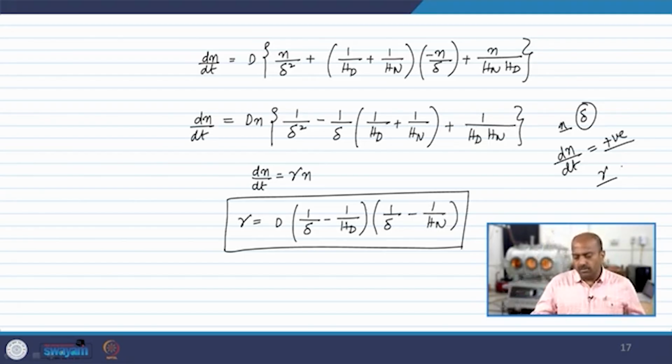What we have been able to achieve is a relation of how the concentration of a minor species changes with respect to time when it is diffusing through a major species. What additional information do you have here when you say that it is diffusing through the major species? It is encountering collisions, and the rate at which collisions are happening is embedded into this coefficient, which is the diffusion coefficient.